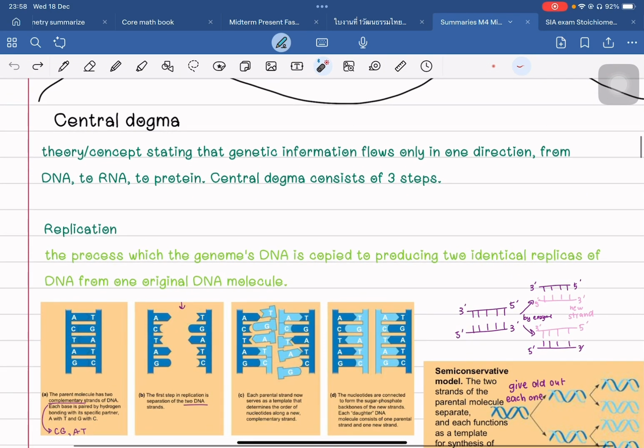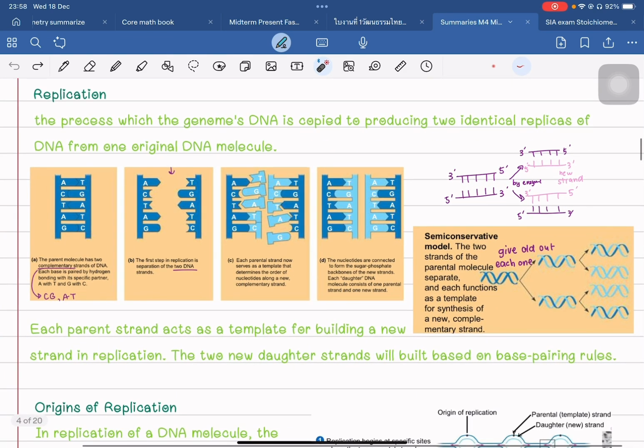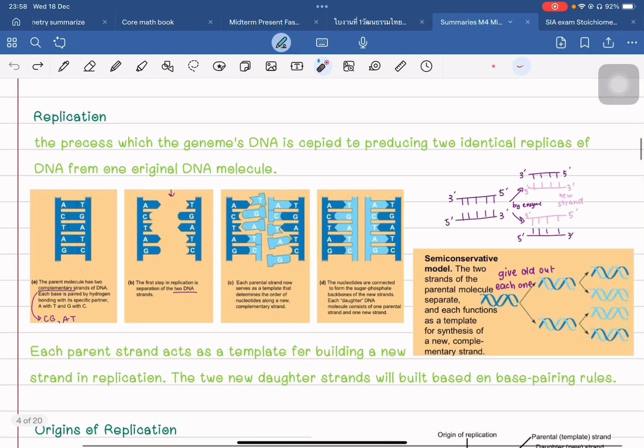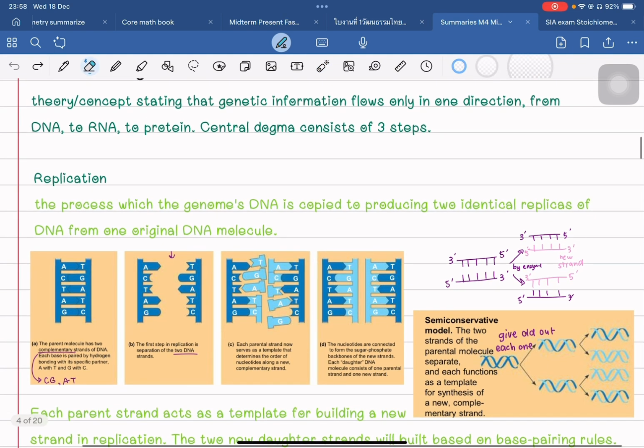It is the process in which the genome's DNA is copied to produce 2 identical replicates of DNA from the one original DNA molecule. In replication, the template is always read 3 prime to 5 prime, and the strand being copied is made from 5 prime to 3 prime.